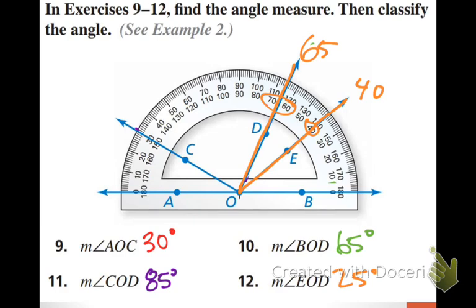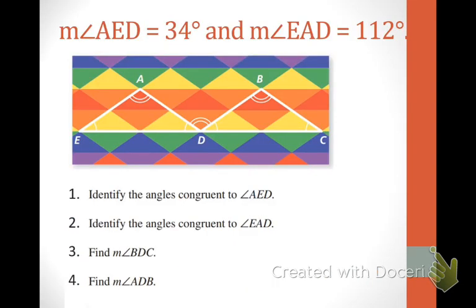Good. The last thing we review would be a picture that looks like this. It looks harder than it is. What did this M mean? The measure. So the measure of AED is 34. That'd be this angle. What do these arcs mean? Congruent.